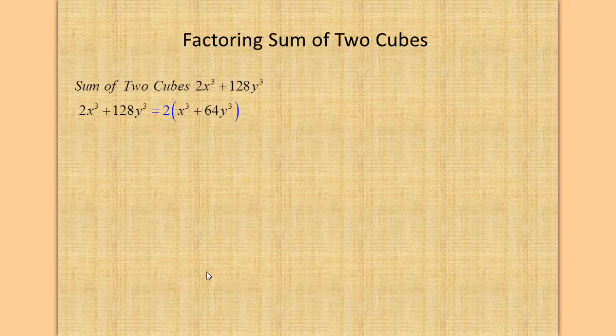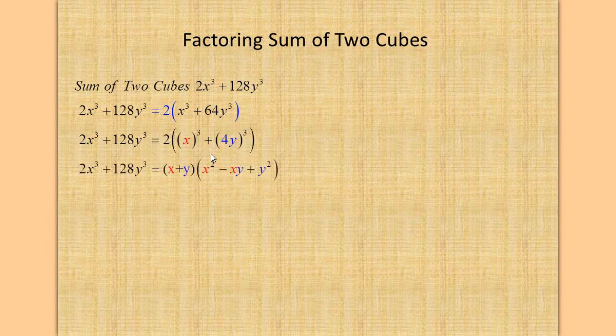Let's do some examples. Sum of two cubes. We have 2x cubed plus 128y cubed. We factor out a 2, so that's 2 times x cubed plus 64y cubed. Now let's make this look like our formula.